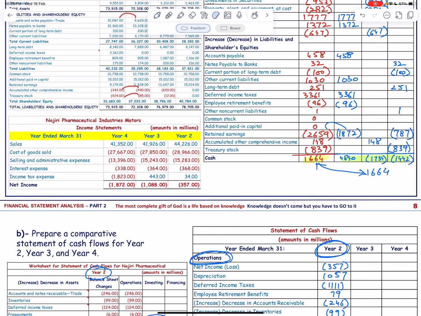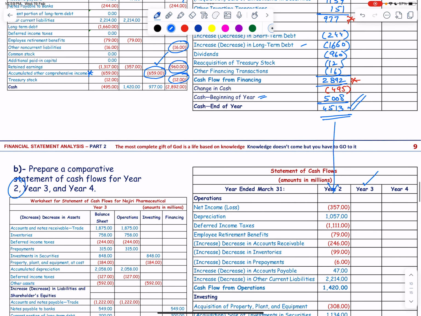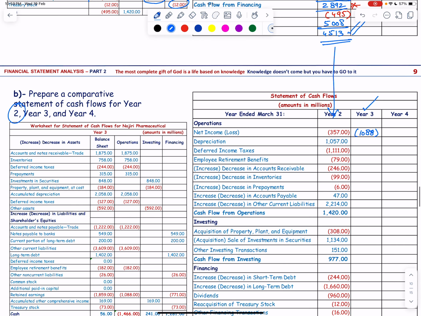Now for year number 3, once again you can see that the net income is negative 1088, so we simply put this over here, negative 1088. And then we follow the same process. We have the depreciation of 2058 in the operations. We are preparing the operation section now.